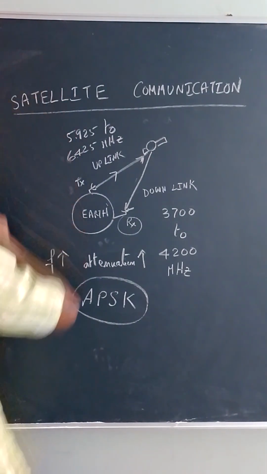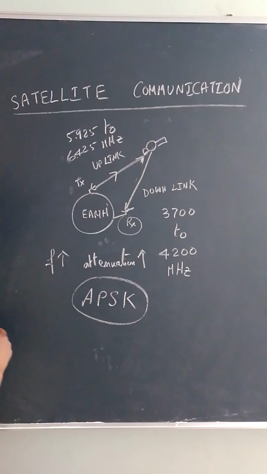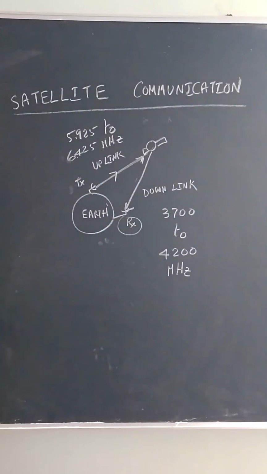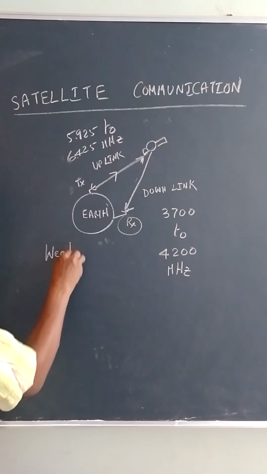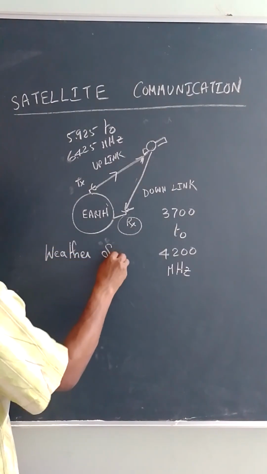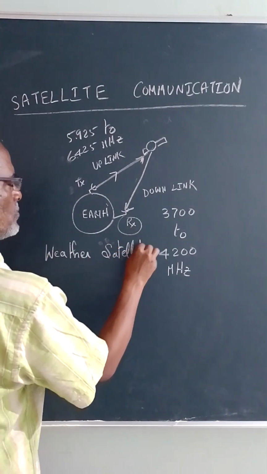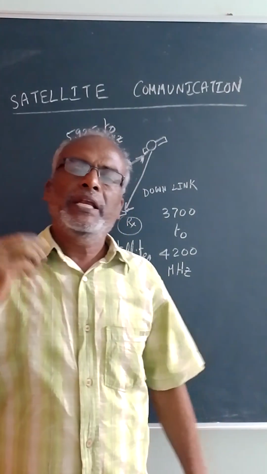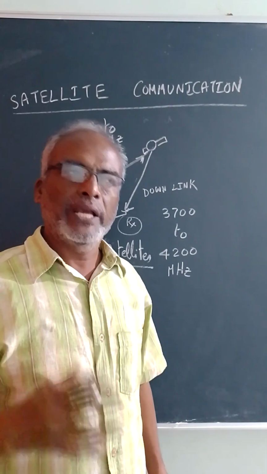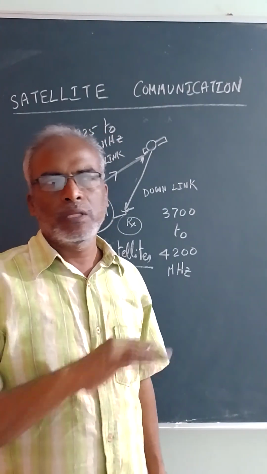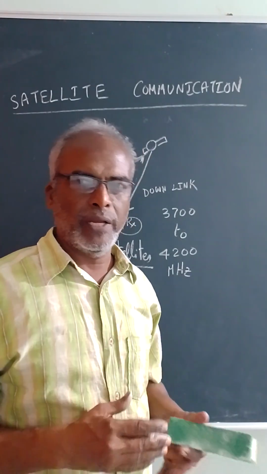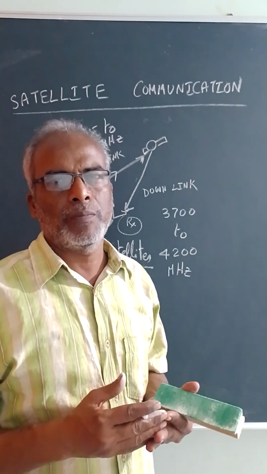So we have weather satellites. Using weather satellites, we can find out whether, for a particular area or region on the earth surface, it is going to rain or some hurricane or cyclone is going to happen.